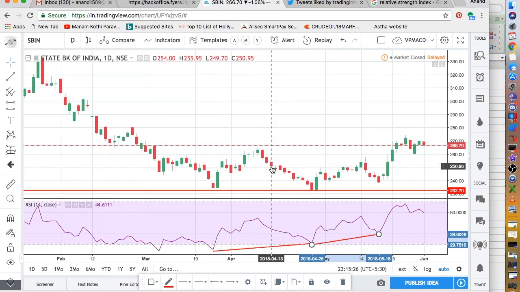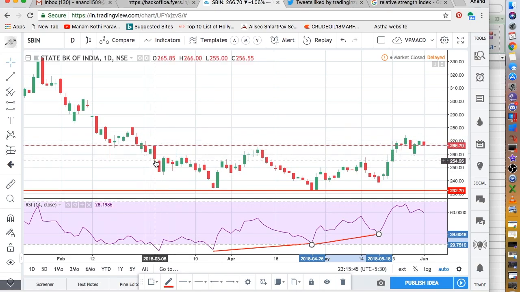But you can see the candlesticks are much smaller. Though there is a fall, the fall has not really pushed the RSI down, because this time the fall is not big. But here the fall is really big in the last 14-day period, because the closing difference between the previous day and this day is huge.